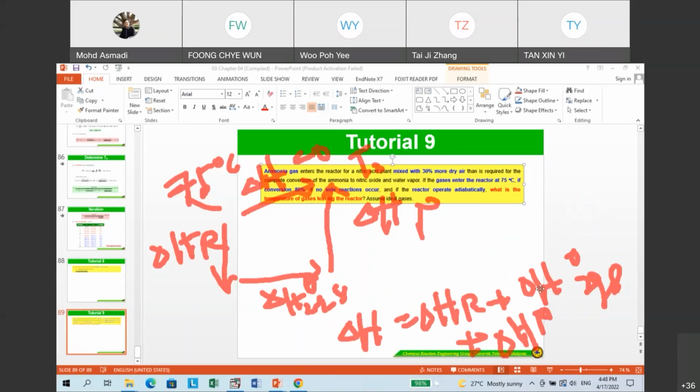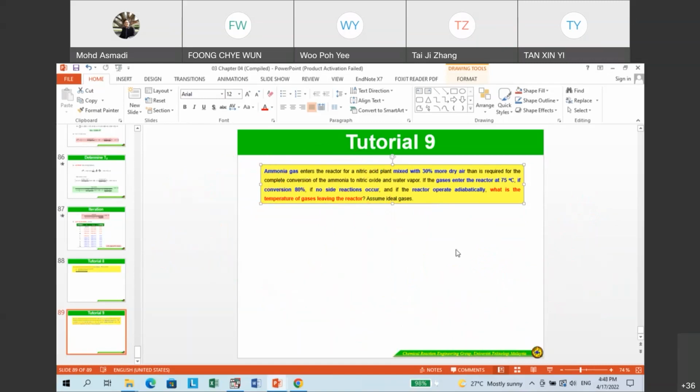Okay. This one you can determine. This one you can determine. This one you can determine. Okay. And then the number of mole that enter from the hypothetical path. So what you have to do, you have to calculate. Okay. If number of moles of the NH3, because NH3 you have to consider 80%, okay, number of mole. So meaning that reacting.